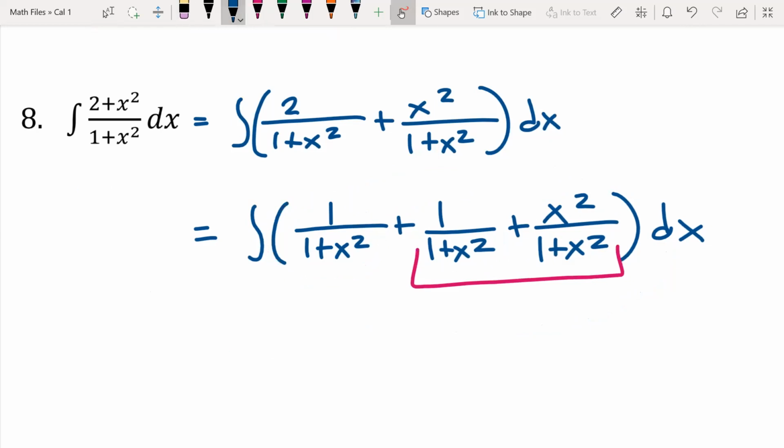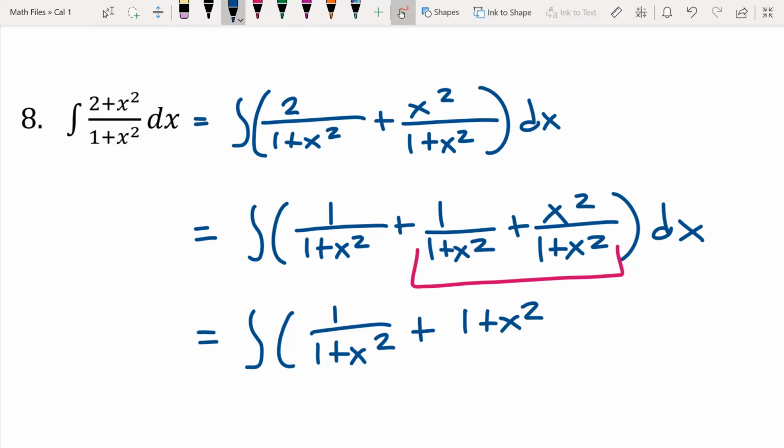And from here, we should see our integral become a little easier. So you'll get 1 over 1 plus x squared over 1 plus x squared over 1 plus x squared dx. All right.